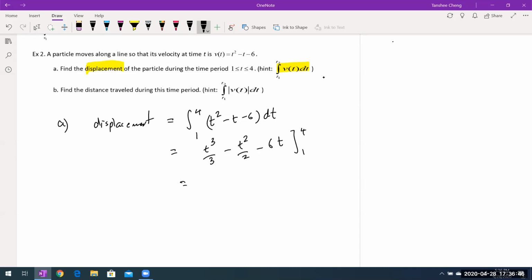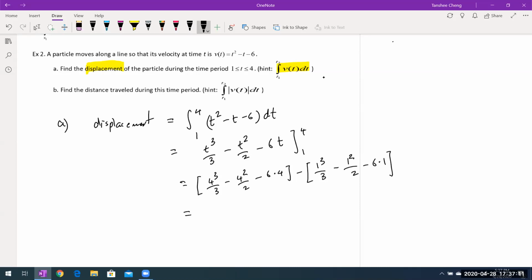When I evaluate this, that becomes 4 to the third power over 3 minus 4 to the second power over 2 minus 6 times 4, minus the lower bound evaluation: 1 to the third power over 3 minus 1 to the second power over 2 minus 6 times 1.